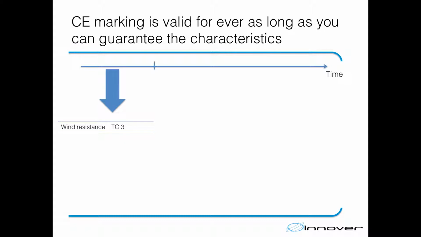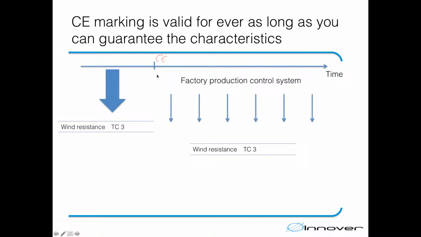So this is the point of time when we CE mark our product. So now we would have a CE marked shutter. And then we would have the factory production control system in place. And with this factory production control system, or very loosely a quality management system, we would assure that the wind resistance of our shutter would remain the same.